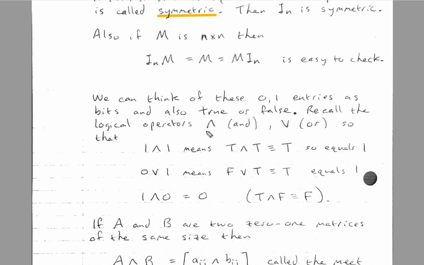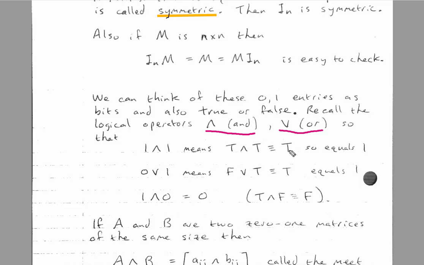Don't forget our logical operations. So we have and, or. Okay, so we have these operations. We can combine bits. So 1 and 1 means true and true.